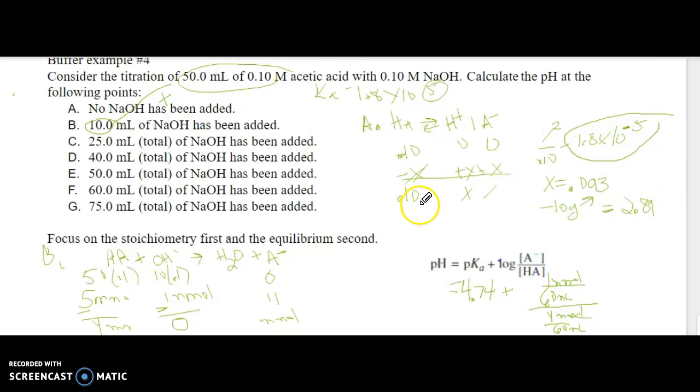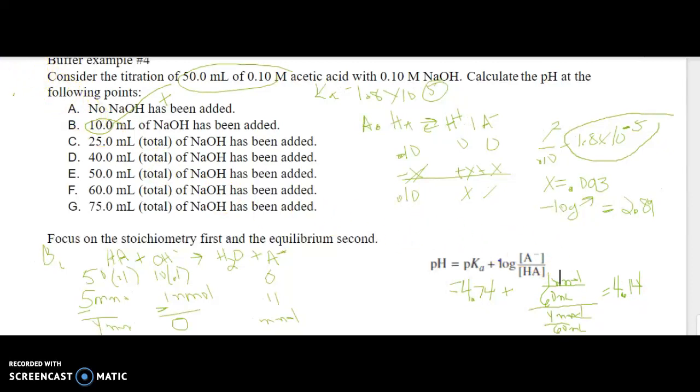And when we calculate that, we get 4.14. Okay, and that makes sense because I have more acid than I do base. So again, always kind of check, does your answer make sense for what you're doing?